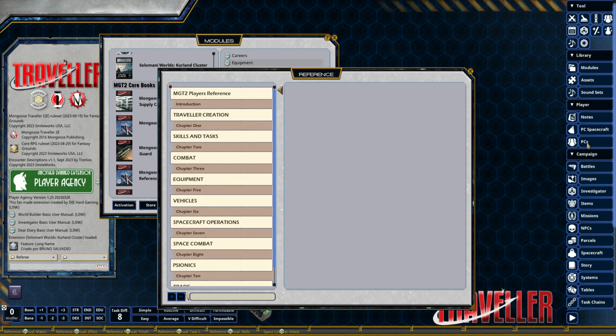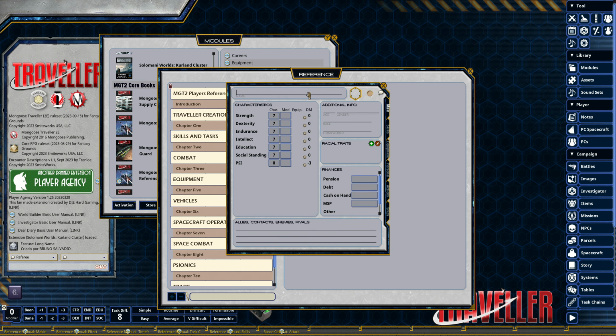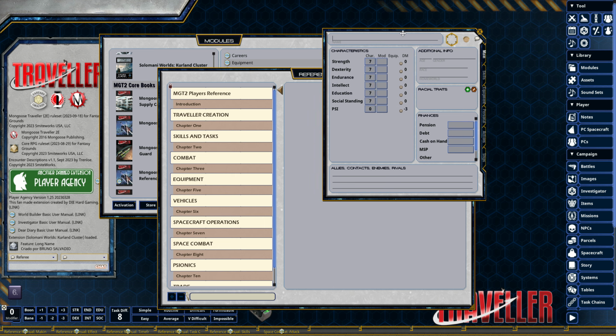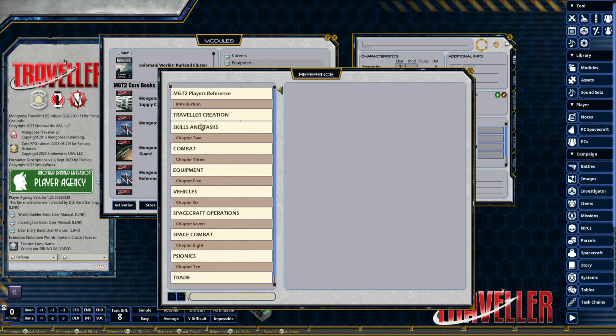So let me open up this, and we've got a character sheet. Okay, so traveler creation.